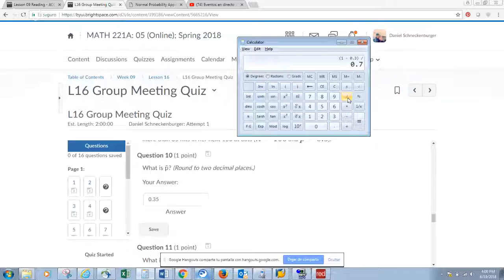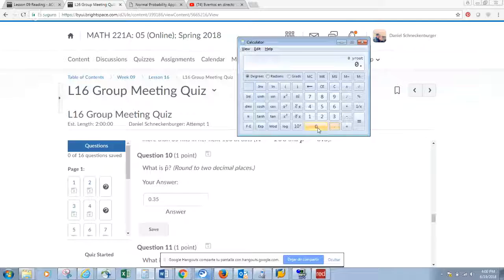That's 0.07. Wait, then we have to do the square root of that, right? 0.007, right?